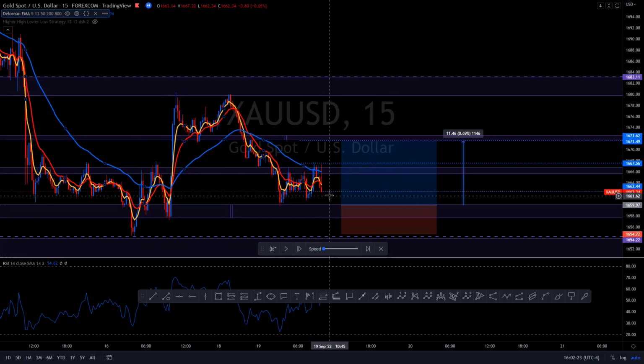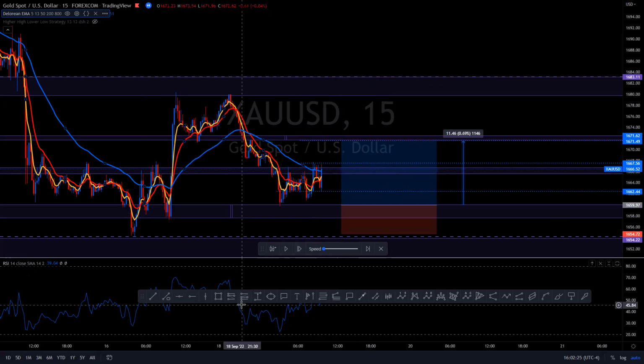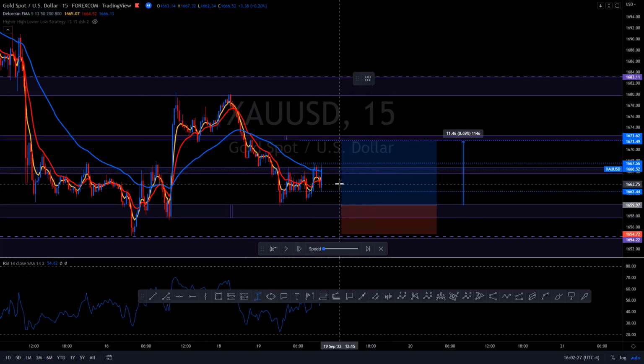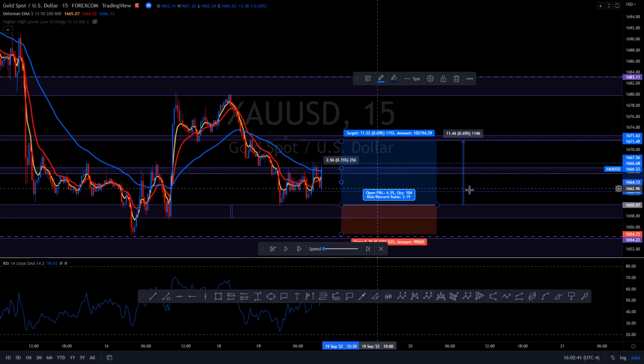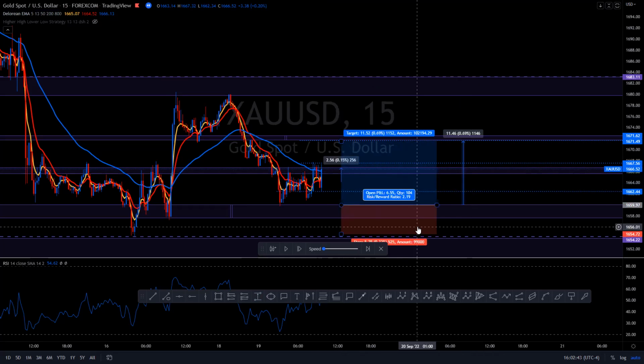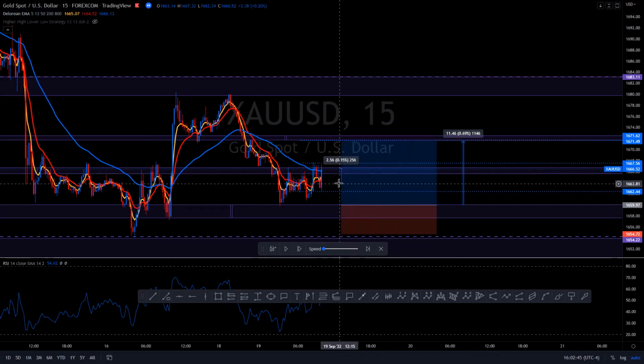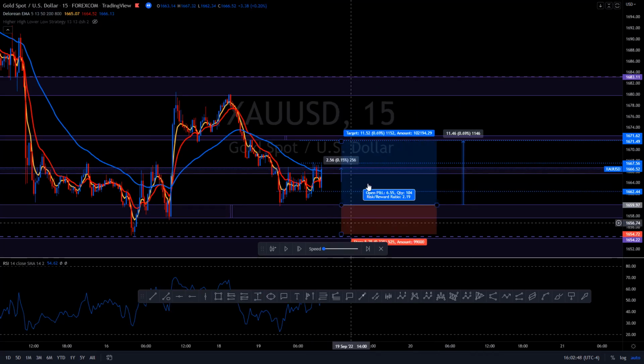And price automatically started pushing up. And so I think I got in right here and took it all the way up to here. Maybe I jumped out of here. It was at least over 250 points. So right here, and then jumped out. So that's what I did, got all that.